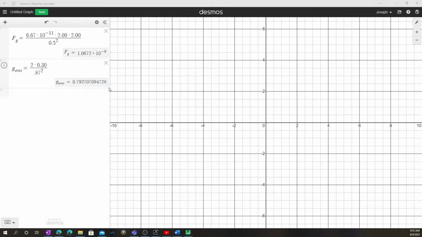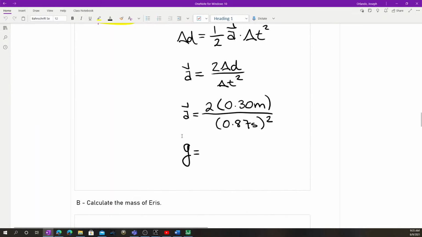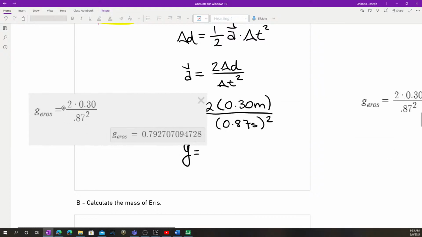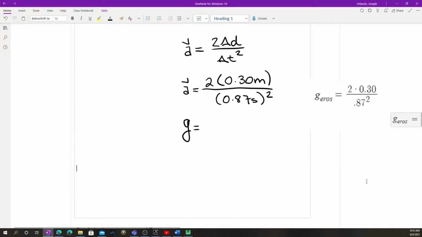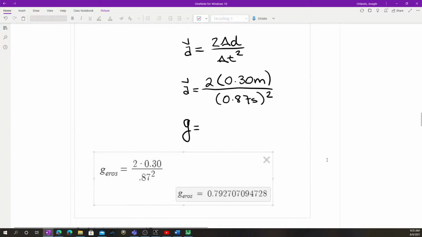So the acceleration due to gravity on Eris is quite a bit different from that on Earth. It is a mere 0.792 meters per second squared. And how many sig figs do we have?